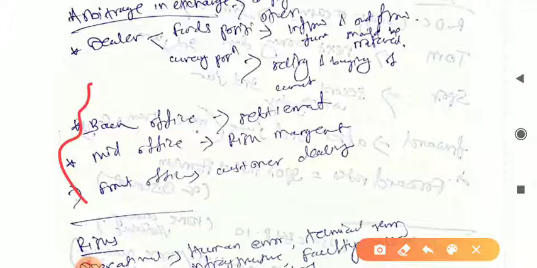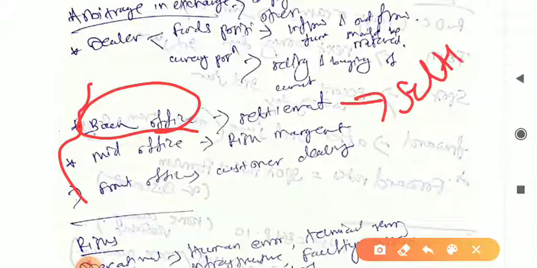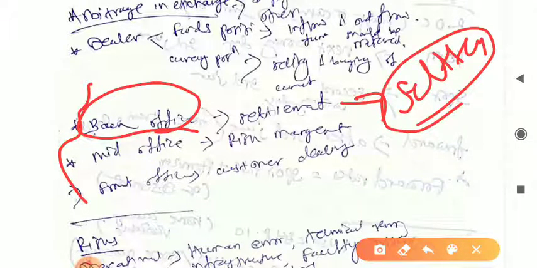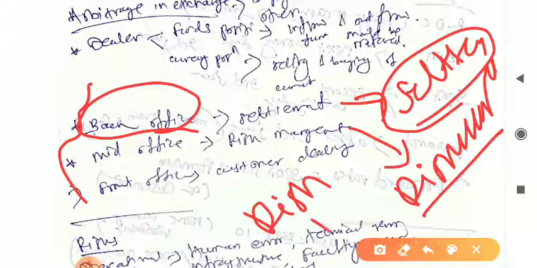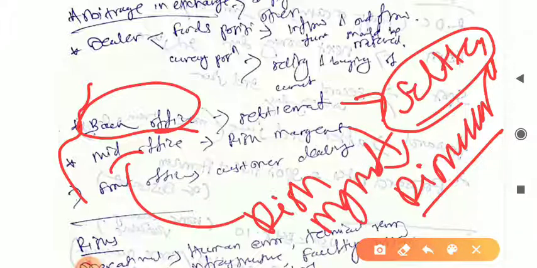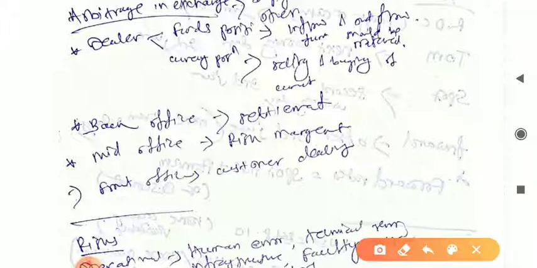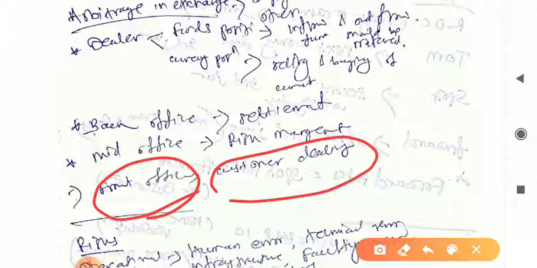What are the things? The back office. What is the meaning of the back office? This is the settlement. That means the settlement will be done by the back office. Middle office will do risk management. There are three types of office.